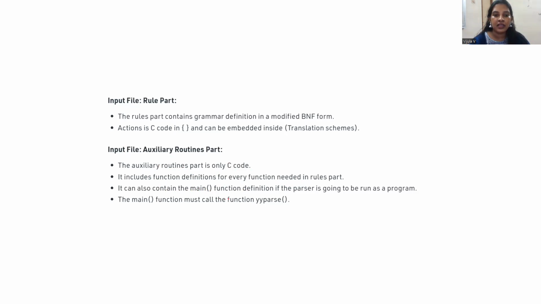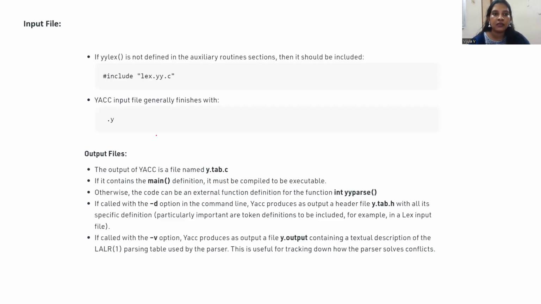It can also contain the main function definition. The parser is going to be run as a program, and the main function must call the function yyparse. If it is not defined in the auxiliary routine section, it cannot be included. This Yacc input file generally ends with .y.